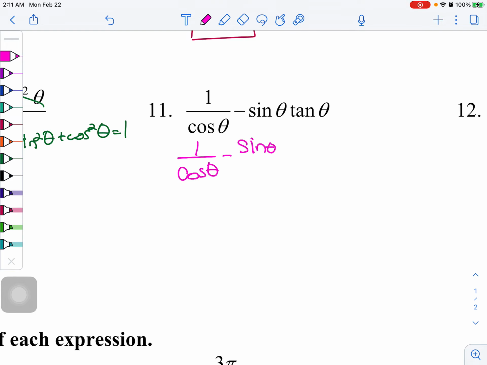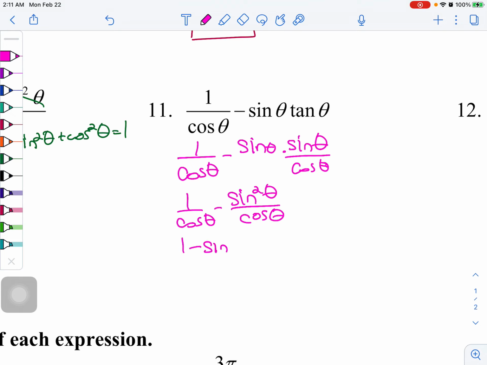All right, so I'm going to leave this as 1 over cosine theta minus. So sine theta is going to stay. Tangent is sine theta over cosine theta. So 1 over cosine theta minus, now I'm going to multiply and create sine squared theta over cosine theta.